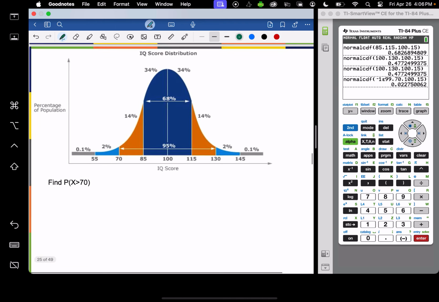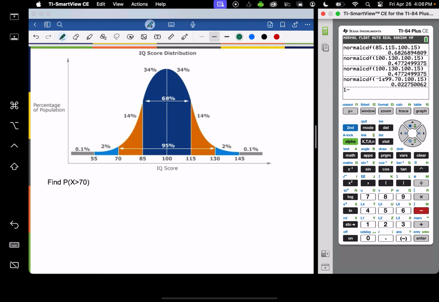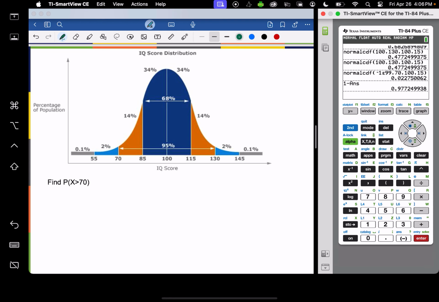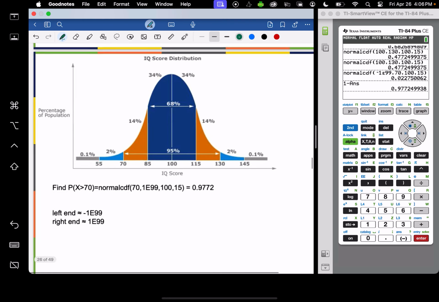And of course, the probability that x is greater than 70, I can just do 1 minus second answer, and that's 0.9772, or 97.7%.